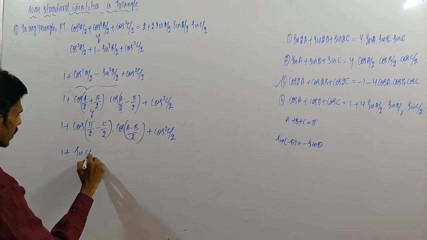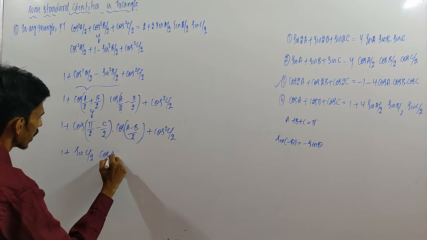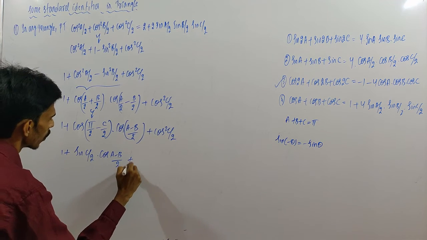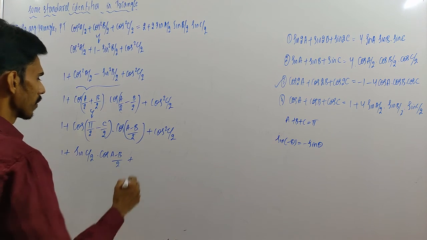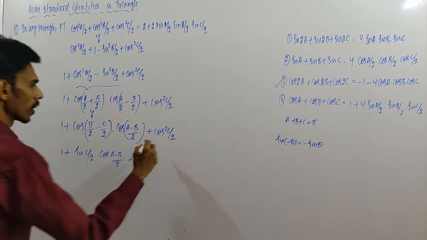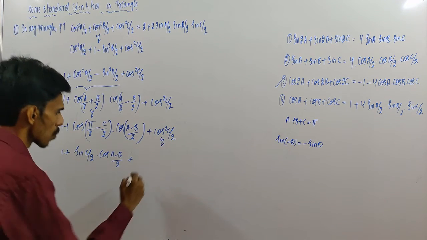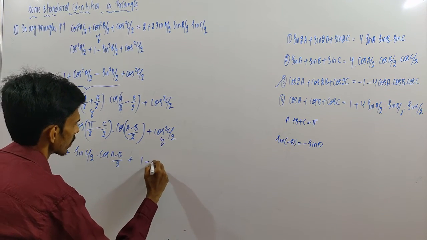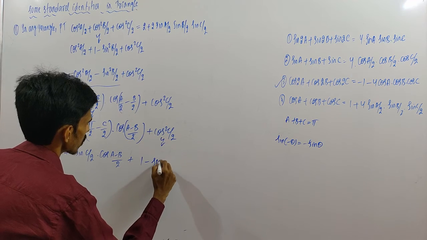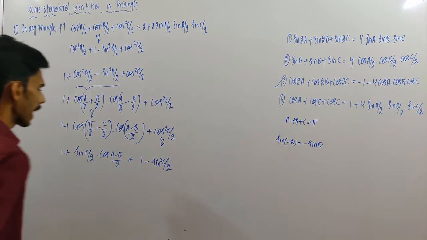It will become sin C by 2 cos (A minus B by 2) plus, here convert this because here we have sin. So convert this in terms of sin. We have 1 minus sin square C by 2 by using identity.